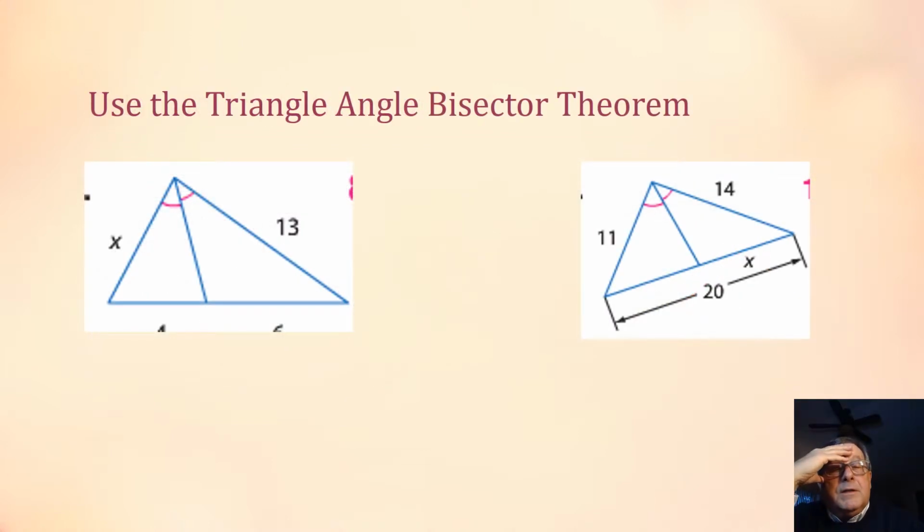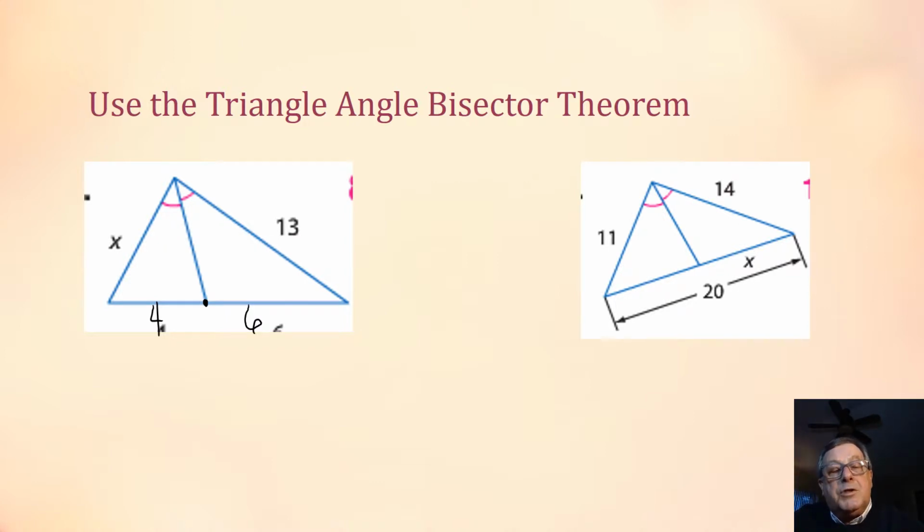Now here on the triangle on the left, this is cut off a little bit. We're indicating that the length of this segment to this point of intersection is 4. It's not a midpoint because they're not the same length. And this segment here is 6.